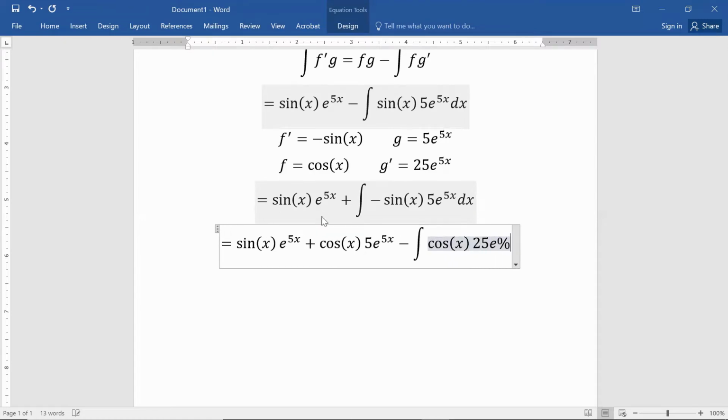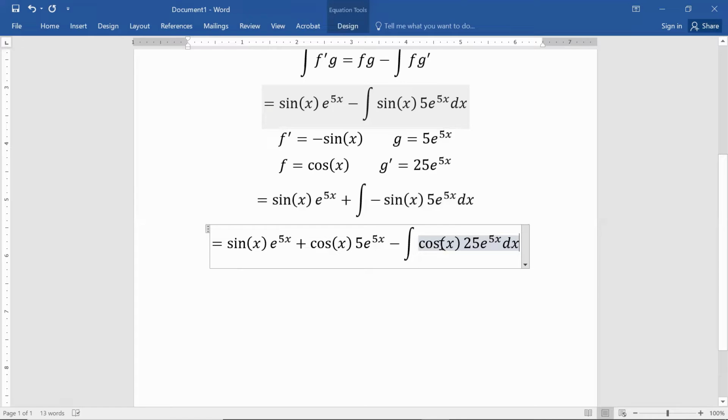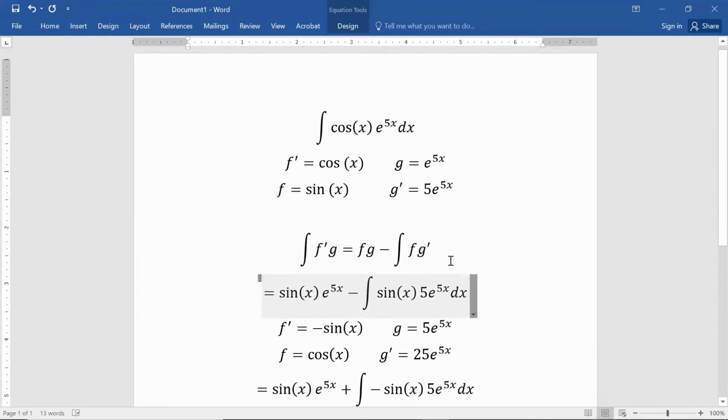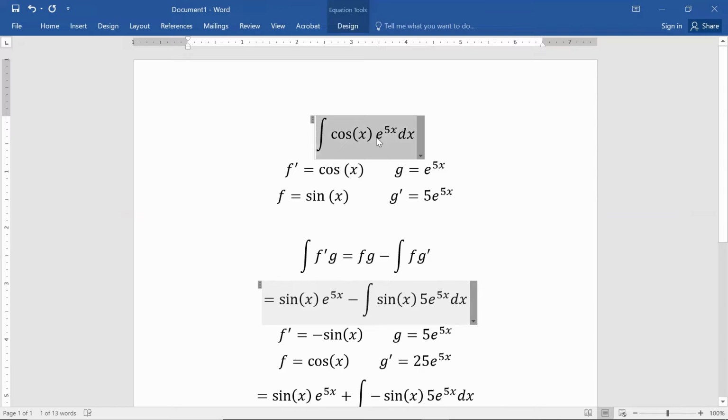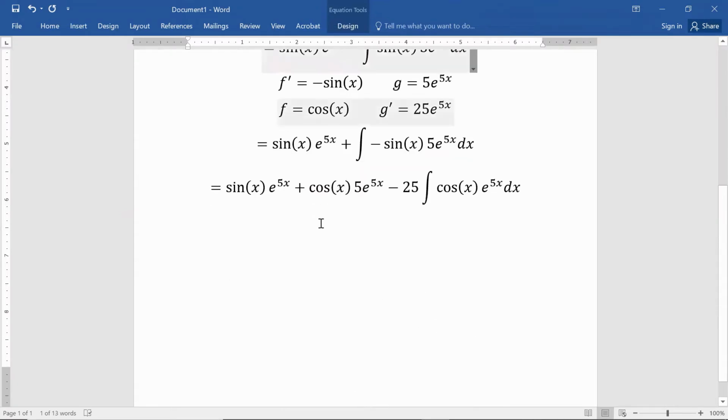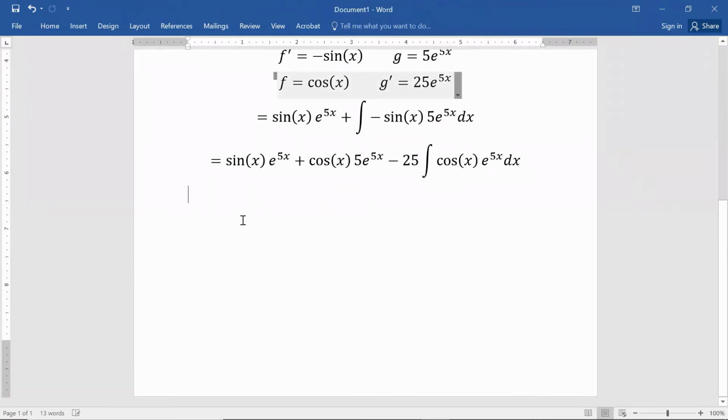G prime is 25 times e to the 5x. 25 can be factored out, meaning outside of the integration. And notice the inside of the integration matches up again, cosine x e to the 5x once again.